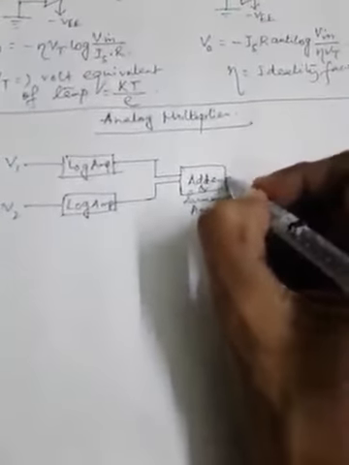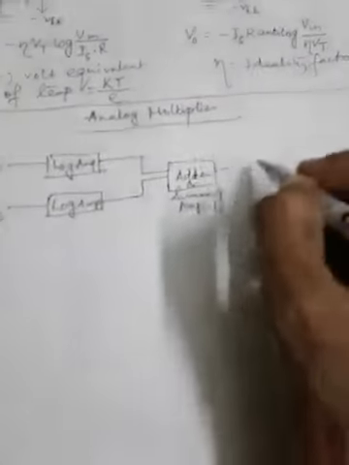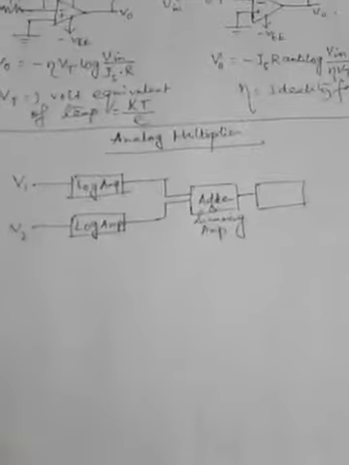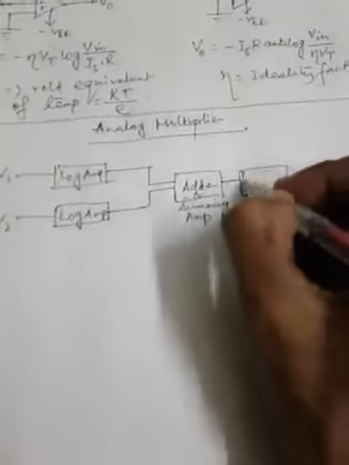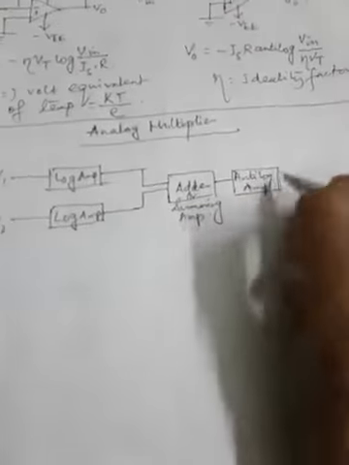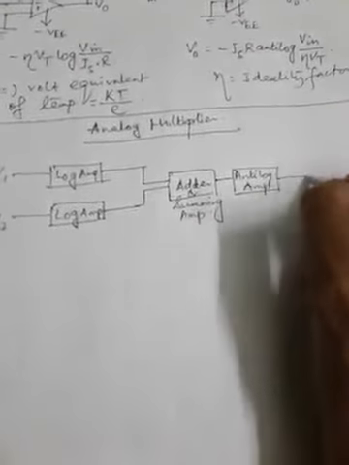The output of the summing amplifier is connected to an anti-log amplifier, and from the output of the anti-log amplifier the final output VO is taken.